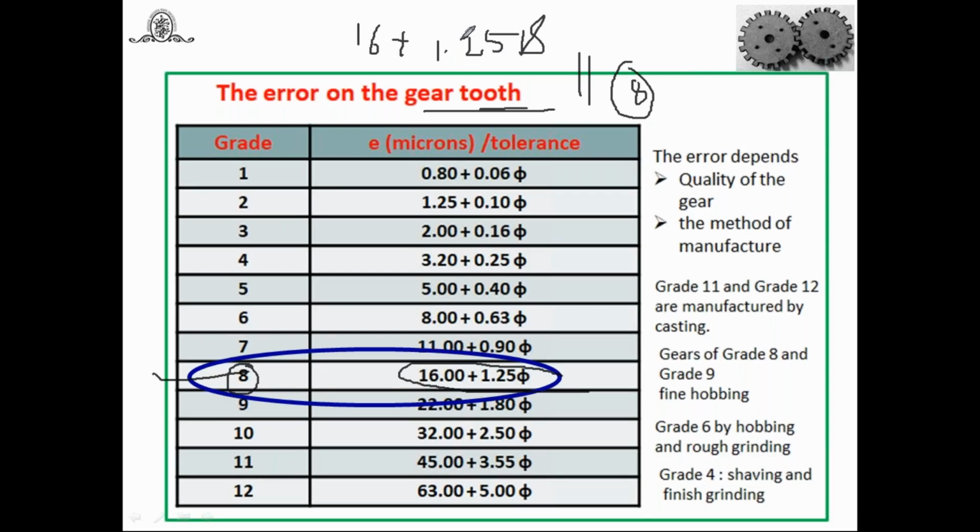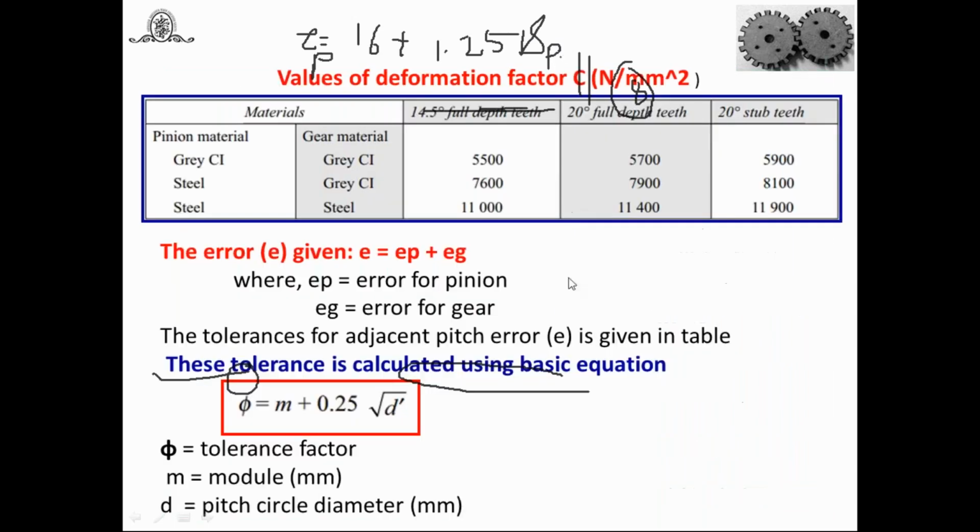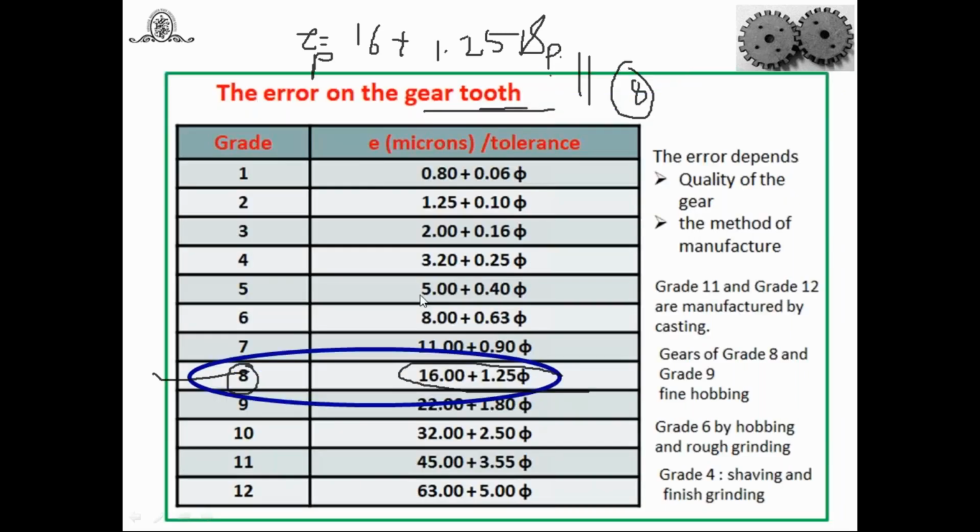And I have already explained, suppose I am calculating this error for the pinion, EP is equal to 16 plus 1.25 into phi p. And where phi p means m plus 0.25 under root dp. In this way, we have to calculate the EP and similarly calculate the EG.